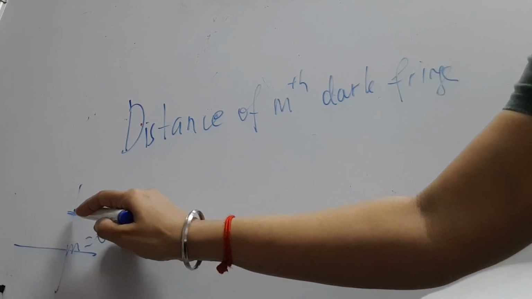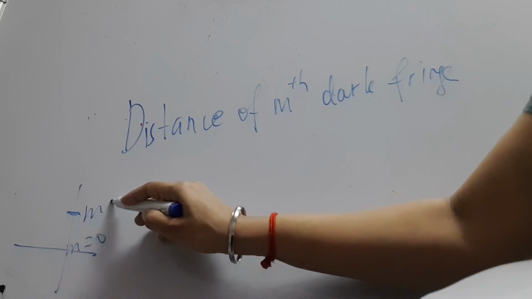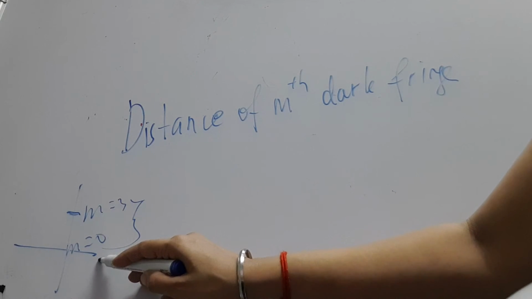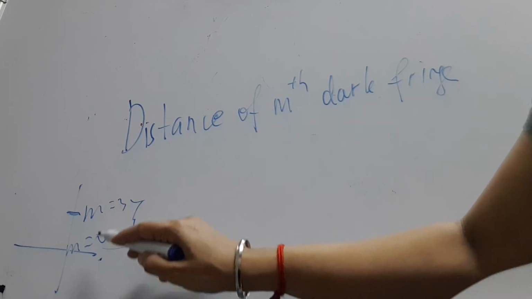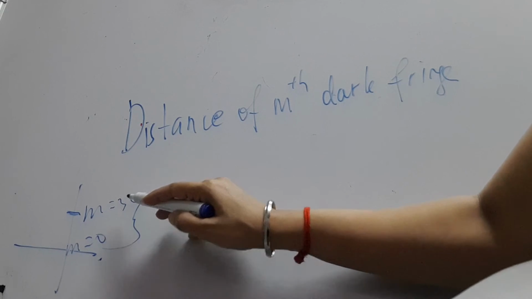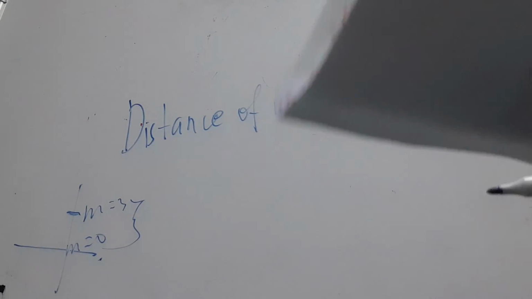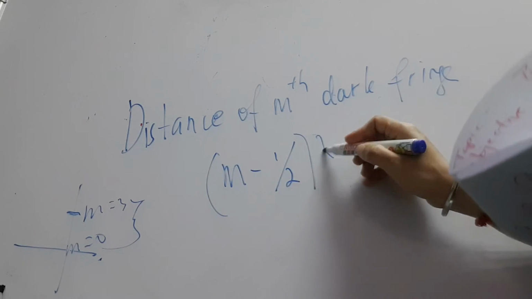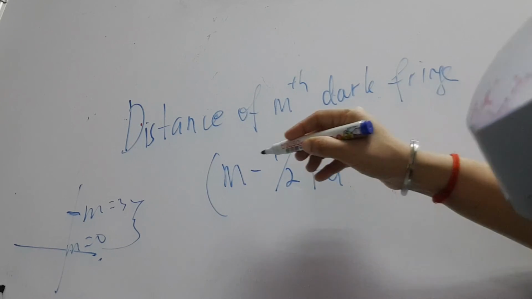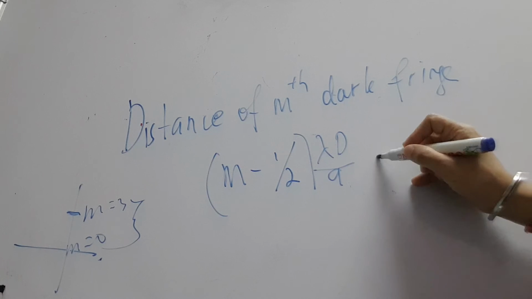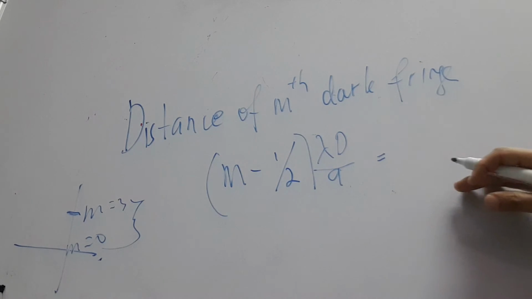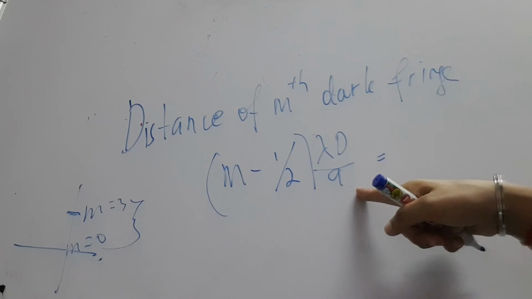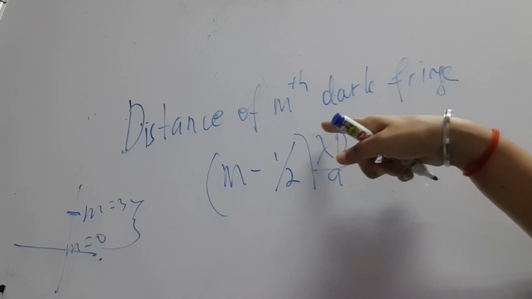For example, m equals 3: you would like to find the distance from m equals 0, the center, until the third dark fringe. The formula is (m minus half) lambda D over a. This is your distance. It can all be in centimeters or all in meters, provided you make the units the same.